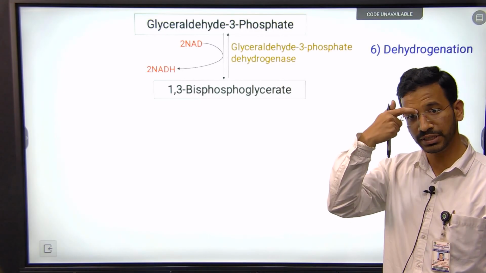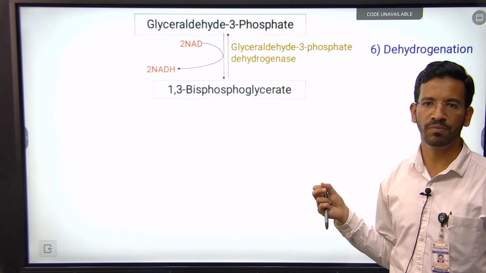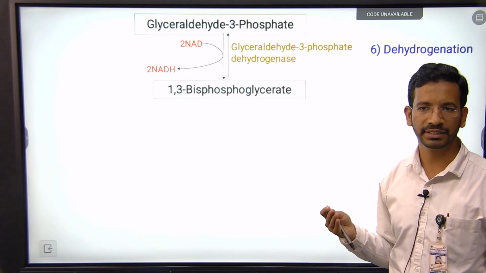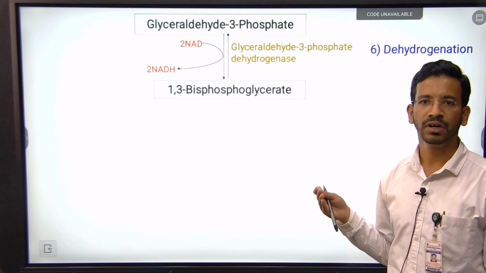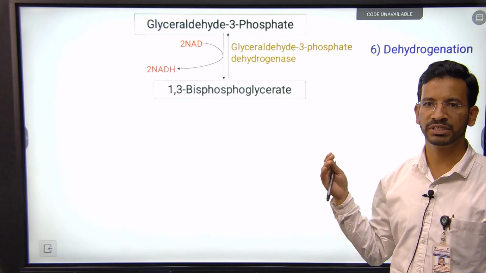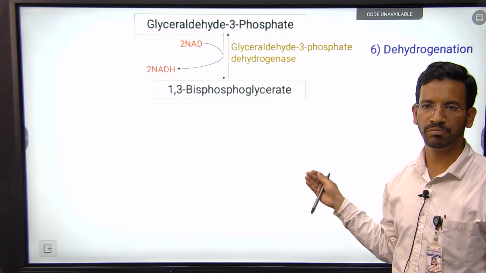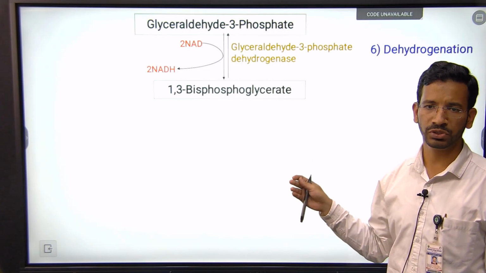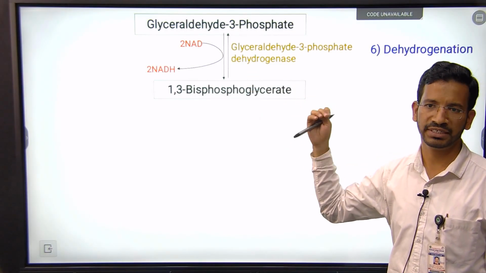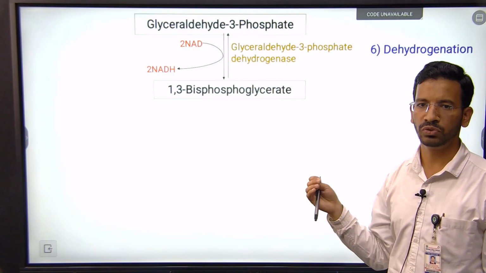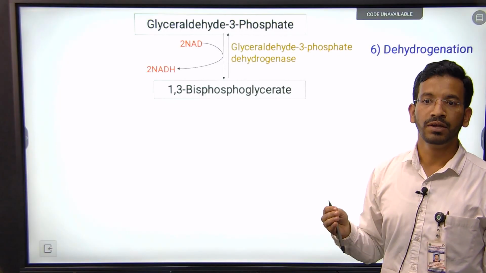So the name of the enzyme comes from the substrate itself. 1,3-bisphosphoglycerate is also called 1,3-bisphosphoglyceric acid. We should remember that here 2 molecules of NAD plus, the oxidized form, are converted into 2 molecules of NADH. So here energy is being formed.